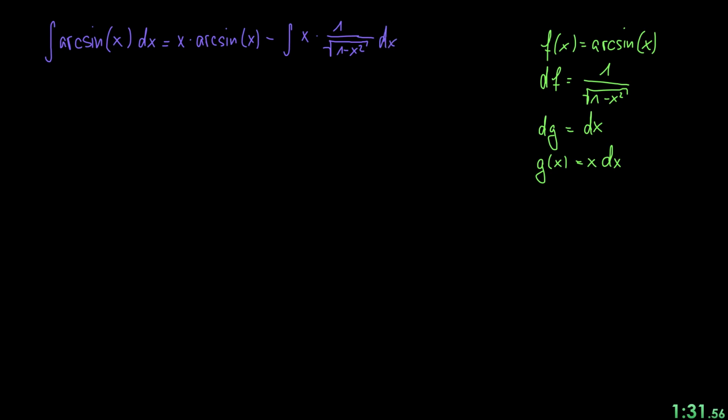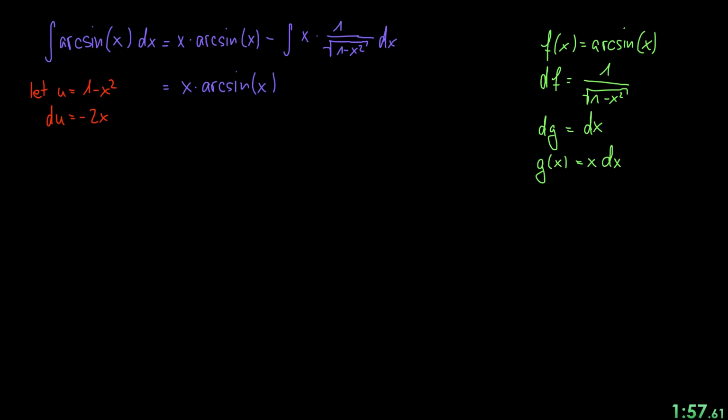dx. Okay, now we're going to do a little substitution. We let u be equal to 1 minus x squared, and thus du will be equal to negative 2x. Okay, let's plug it in. We have x times the inverse sine function of x.